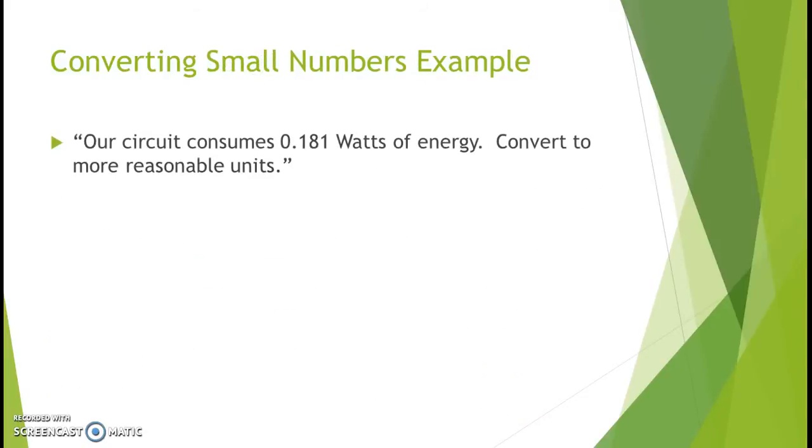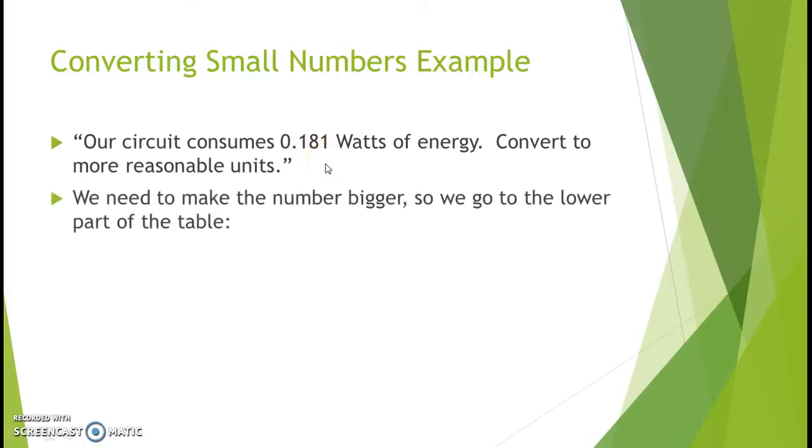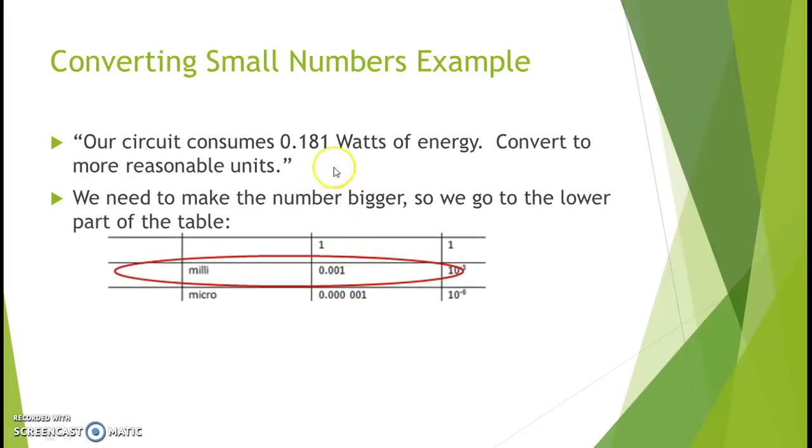Small numbers, very similar concept. If our circuit consumes 0.181 watts of energy and we want to convert it to more reasonable units, something between 1 and 1,000, we go back to our table and we look for something that's going to move our decimal 3 places. We need to move it 1, 2, 3 places, and that'll give us a reasonable number.